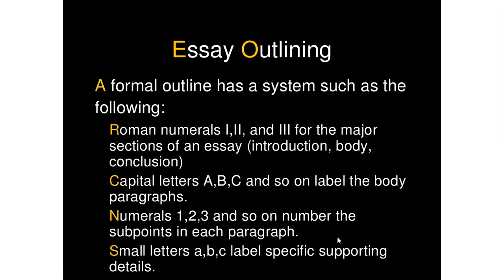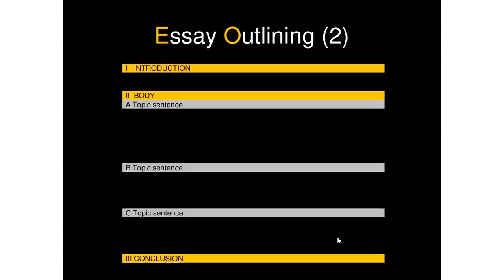Numbering the paragraphs, 1 is for introduction, 2 is for body, 3 is for conclusion. It's the parts. Then when you're labeling the paragraphs, you give them letters A, B, and C. Then for subpoints in each paragraph, you give the numbers to them like 1, 2, 3. And finally, you give small letters in lowercase to label specific supporting details.